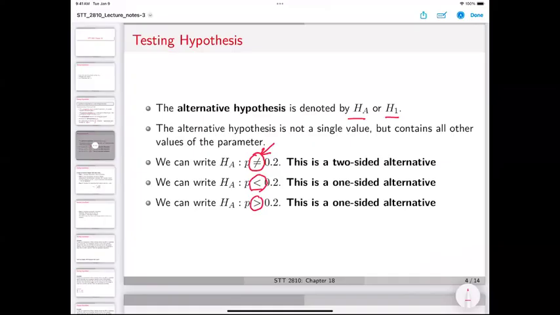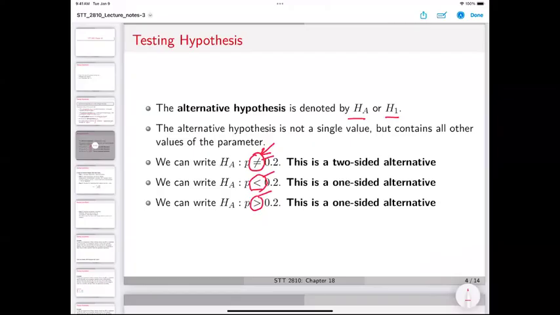The null hypothesis can never be not equal to, can never be less than, can never be greater than. I repeat again, it's only the alternative hypothesis that you can get not equal to, less than, or greater than. The null hypothesis cannot have any of these symbols. Is that very clear?